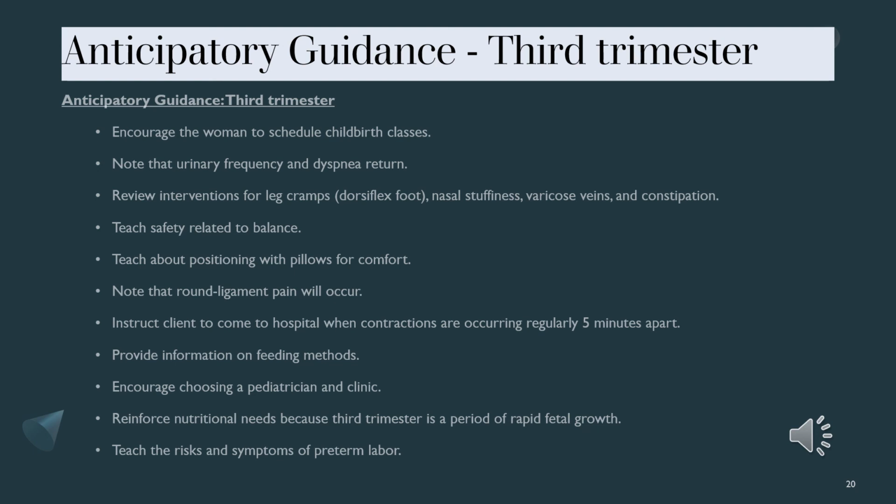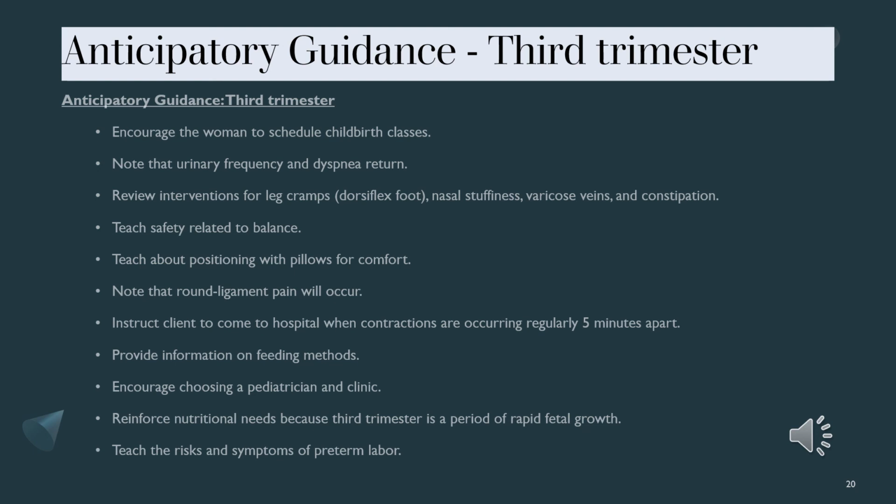Balance, mom's going to be very much off balance. We're going to tell her to use pillows to support herself, especially when she's sleeping. Round ligament pain is for reals and is very, very painful. So those ligaments, what they do is they help to hold up that pregnant uterus.